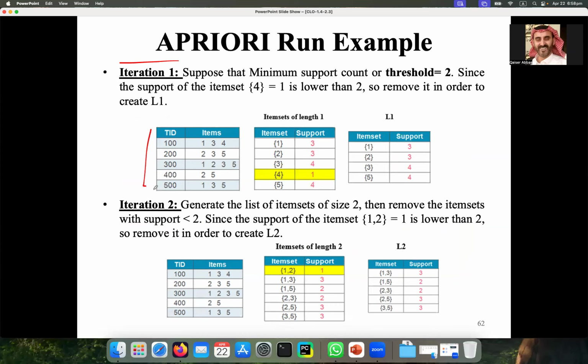So here, this is the data set. I just pasted that diagram again. And now here we are creating item sets of length one. If you look at this data set, you will see how many products you have: 1, 2, 3, 4, 5. I have 5 products.